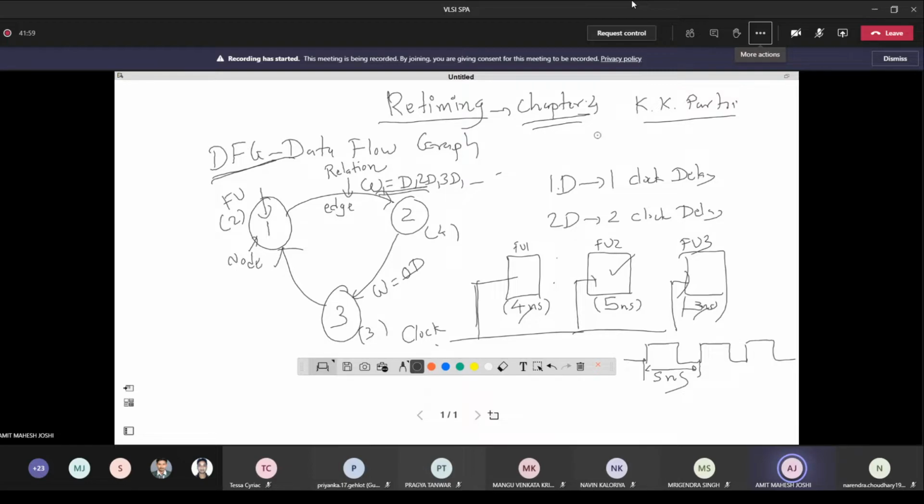So when I say T is equal to 5 nanoseconds, this ultimately tells me the operating frequency of this system. Time period is nothing but the inverse of frequency, so frequency can be easily identified once you know this T.